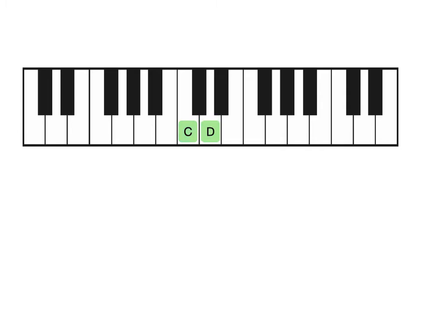If we move that C sharp to a D, we now have a tone. A tone is where we do have a note in the middle. So in the middle of C and D, we have the C sharp, and that's why this is a tone.